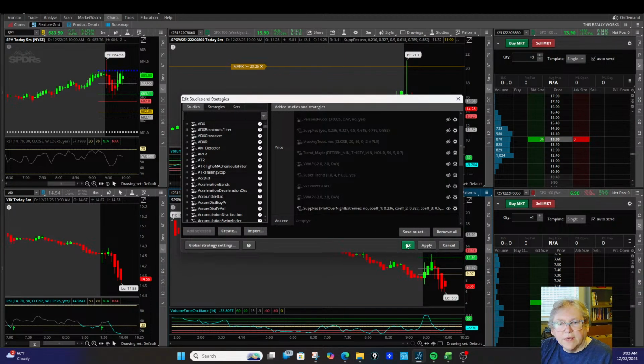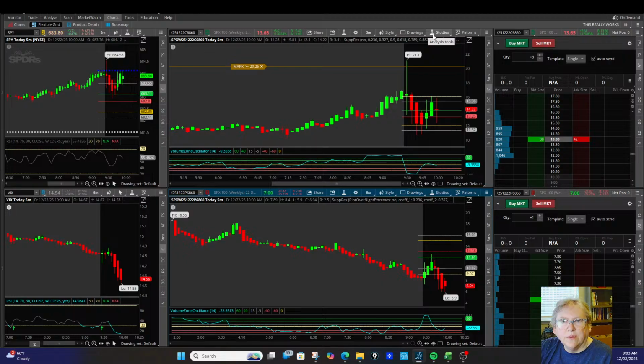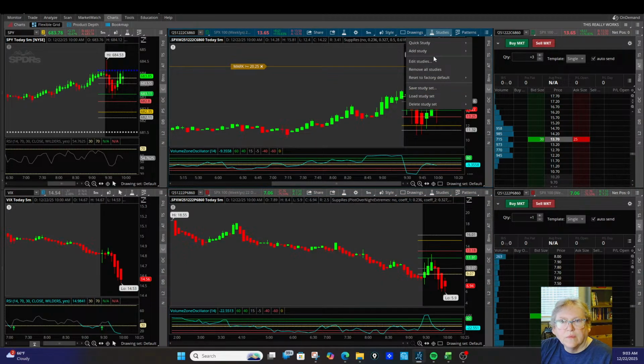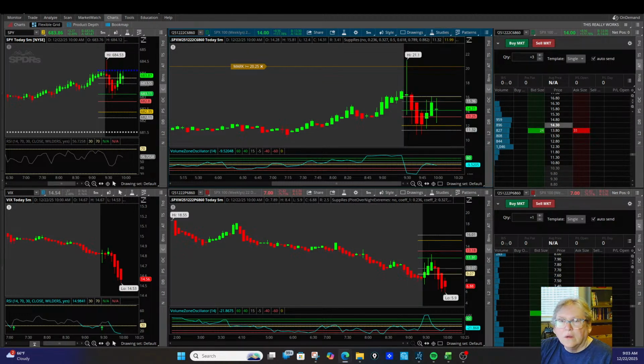All I did there was add the overnight low and the overnight high. You can do that up here. Those are the dotted lines. Let me say that again.